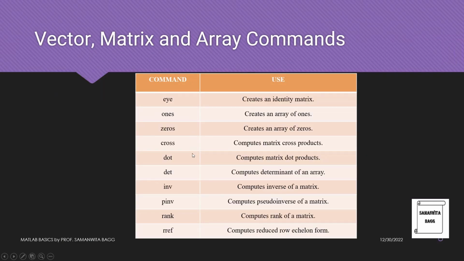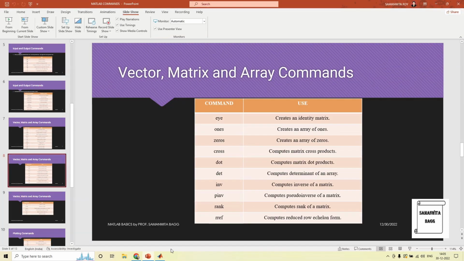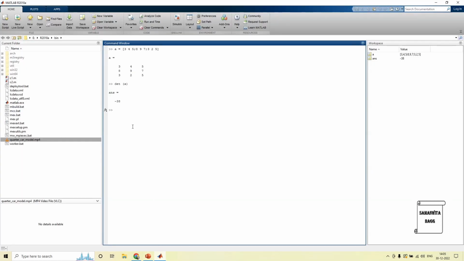You can just use these commands and you can find. Inv stands for inverse of a matrix. So suppose if I want to find inverse A, this is how I'm going to get the value.